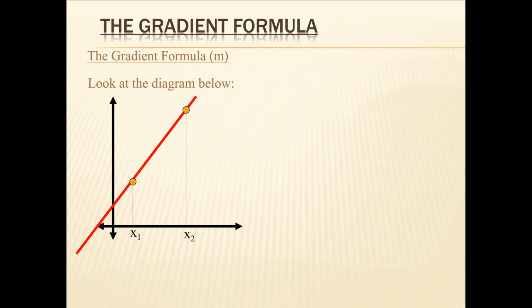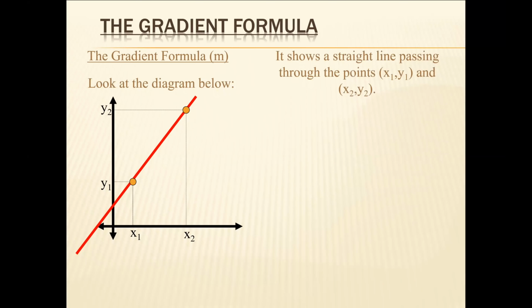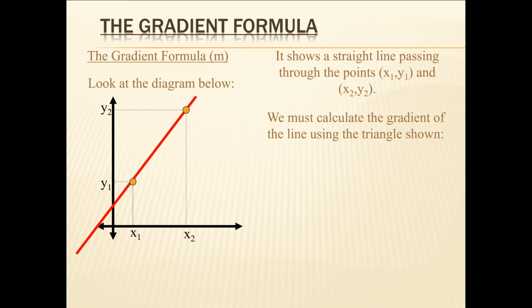As you can see, when you drop down to the x-axis, x1 and x2 are the coordinates, and on the y-axis, y1 and y2 are the coordinates. To calculate the gradient, you should know the vertical distance, that is the rise.